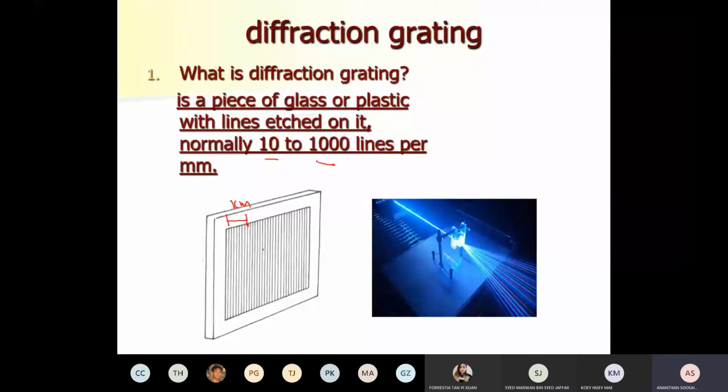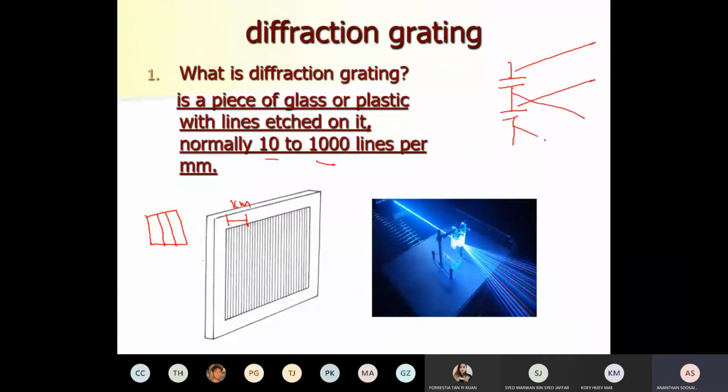In a double slit, you only have 2 openings. This diffraction grating has a lot of openings. We say every gap is like 1 slit. In the double slit, when the light passes through, it spreads and interference happens.